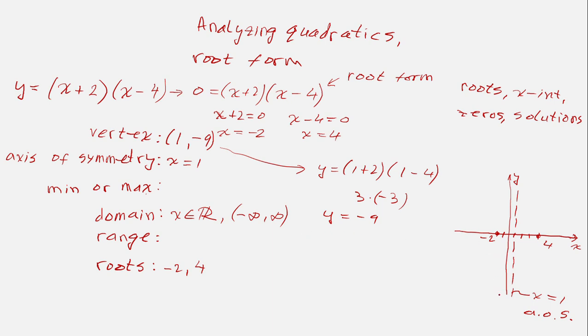So negative 9 is somewhere, let's say right here. So our vertex is going to be 1 comma negative 9, right there. Let me just move this over a little bit. Okay, so now if we have these 3 points, that should be sufficient enough to actually get our parabola.